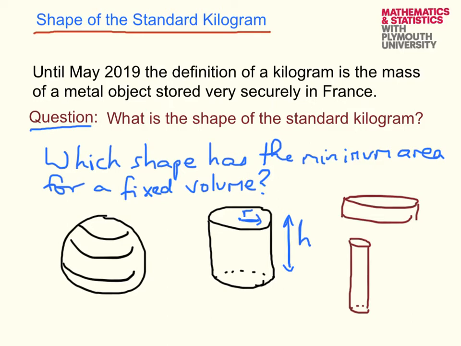So the question is, what is the ratio of R and H that was chosen back in 1889 to be the shape of the standard kilogram? And that's what I'm going to solve on the next slide.